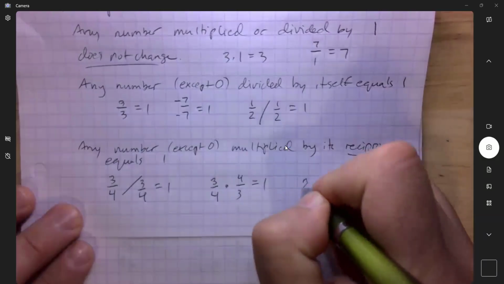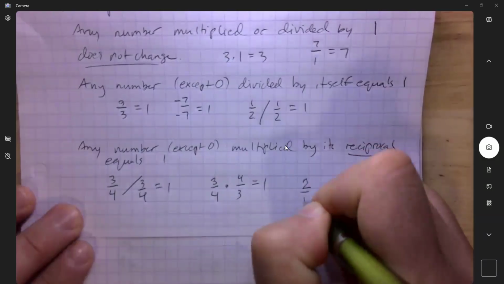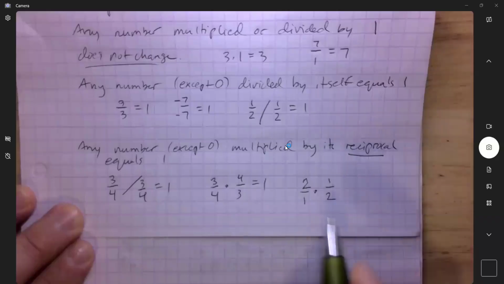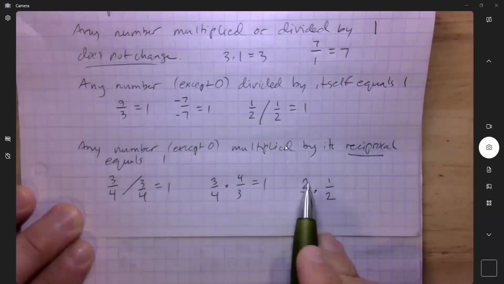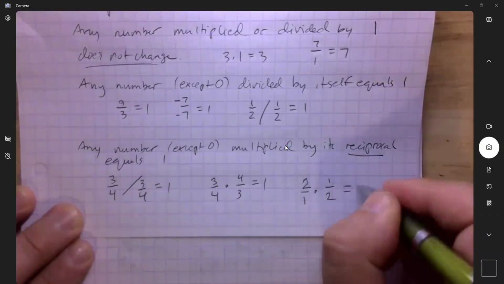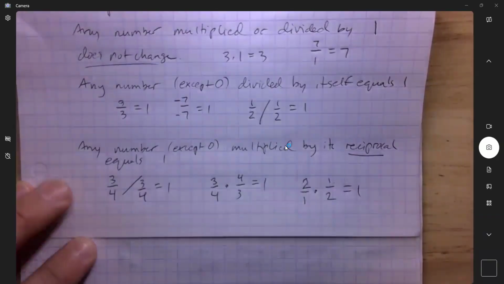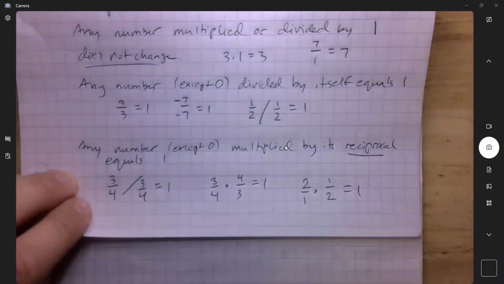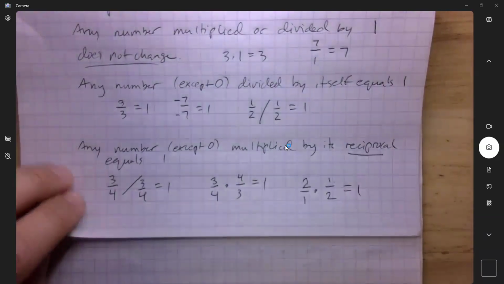And whole numbers, their reciprocal we get just by putting that number under 1. 2 we could write as 2 over 1, and so its reciprocal is 1 over 2. So those are our additive and multiplicative identities, which allow us to undo mathematical operations.